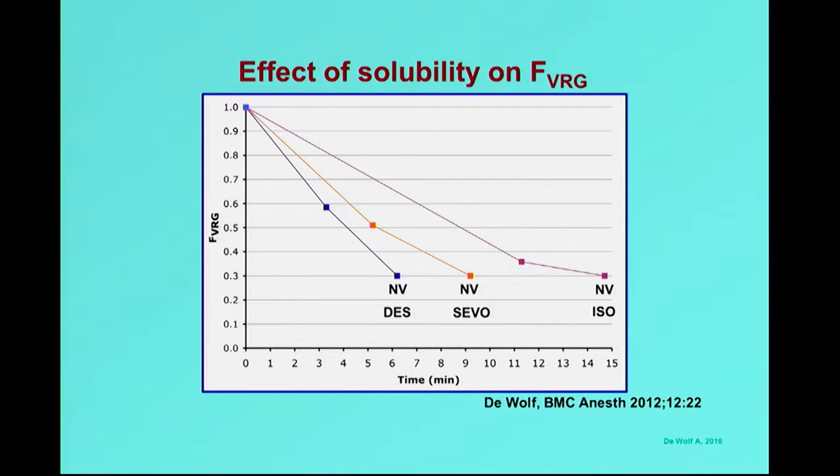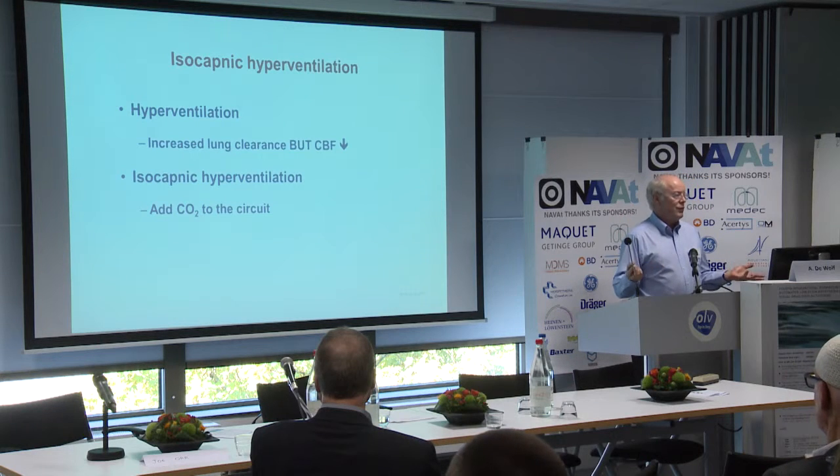Then a trick has been used to speed up emergence. If you increase minute ventilation during emergence, you will improve the clearance, you will wash out more agent, so the patient should wake up faster, right? That's the model that we used. With hyperventilation, you have increased lung clearance, but cerebral blood flow goes down because of cerebral autoregulation.